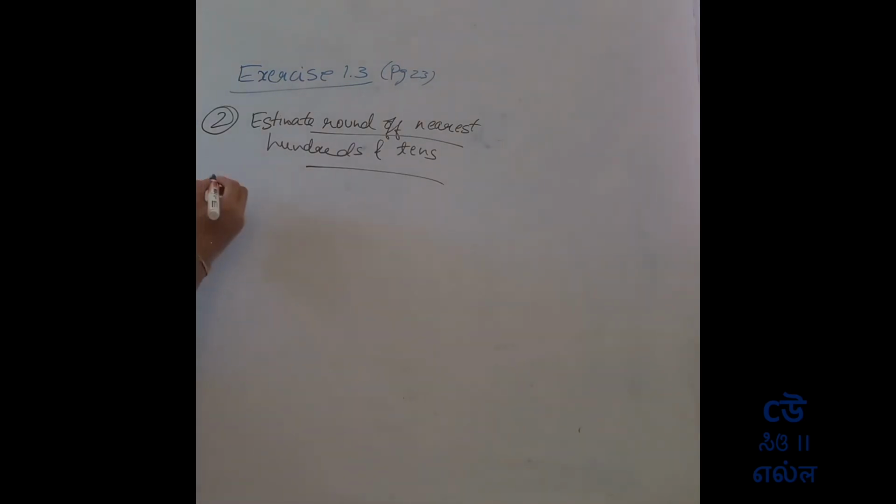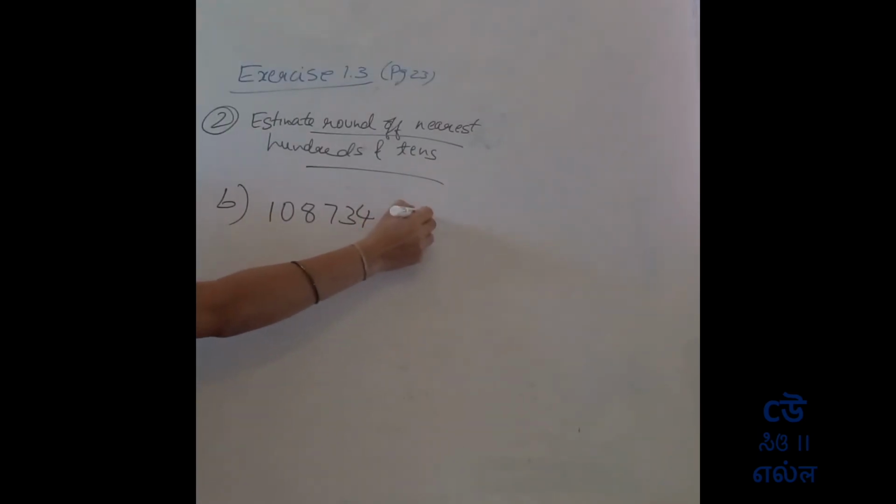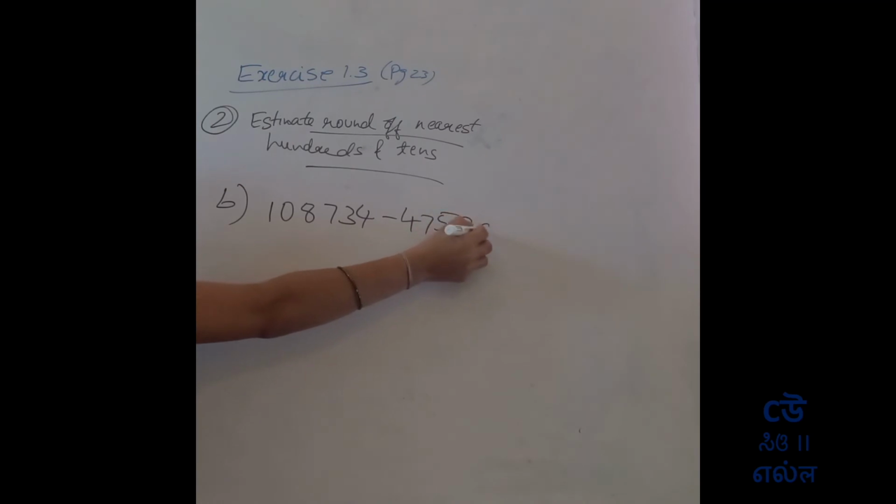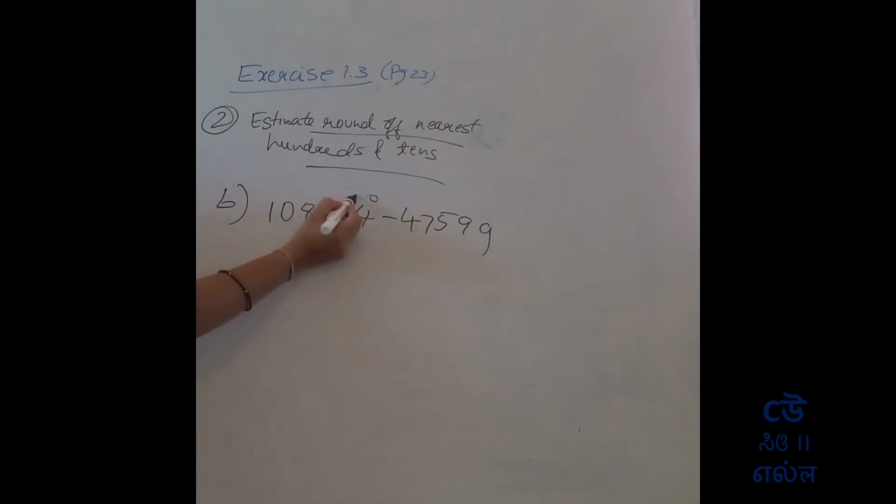Children, next problem, that is second problem, is 108,734 minus 47,599. Okay. First you write the place value: ones, tens, hundreds, thousand, 10,000, lakh.